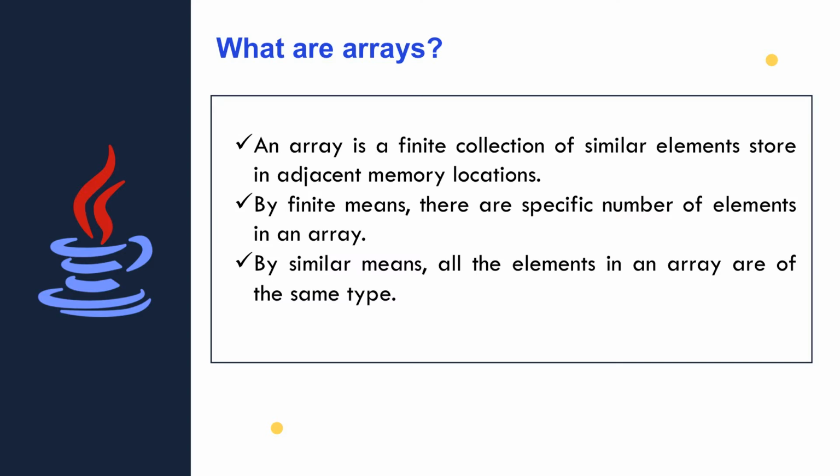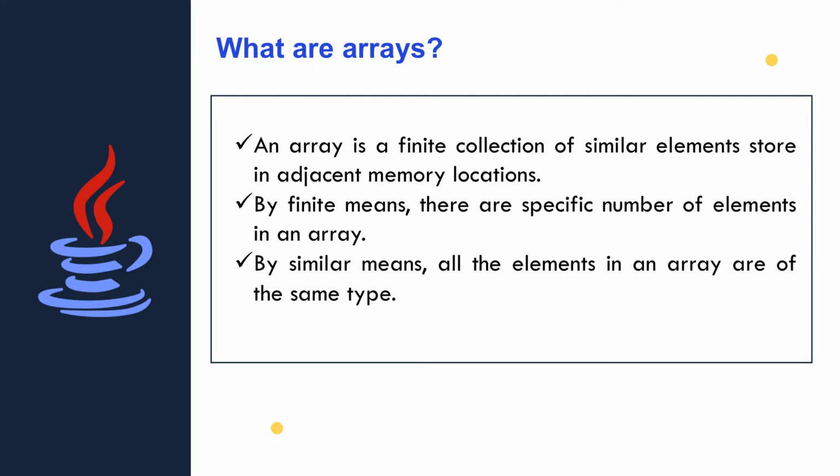Now first of all I will tell you the basic concept of array in Java. So what are arrays? An array is a finite collection of similar elements stored in adjacent memory locations. Finite means there are a specific number of elements in an array, and similar means all elements in the array are of the same type.